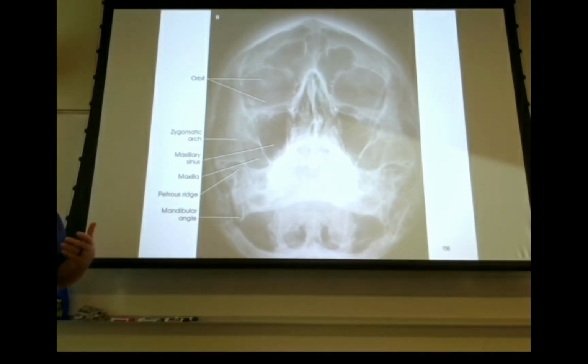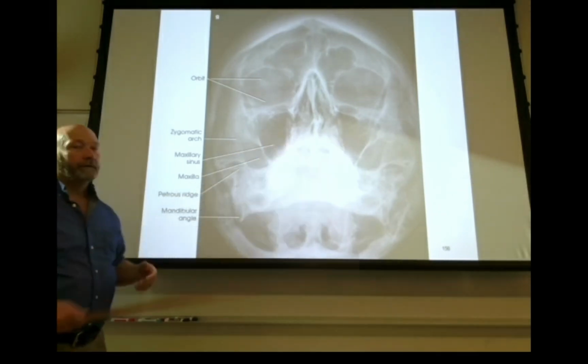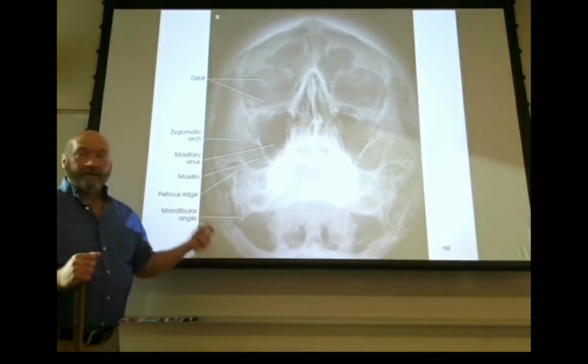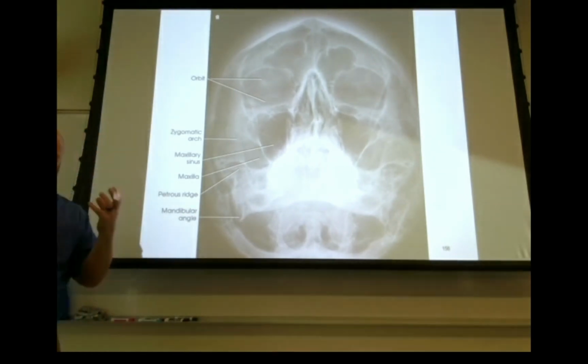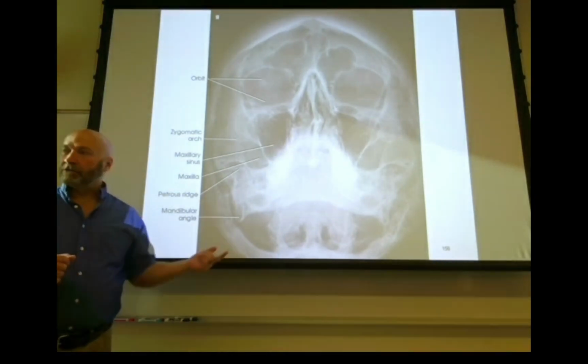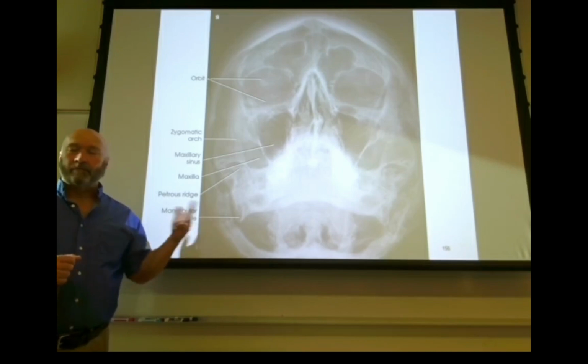What do you suppose is going to happen here? They're going to fill. Whichever one gets hit, it's probably going to fill up. So even if you can't see the fracture, you can see evidence of fracture because the patient's going to have what appears to be a sinus infection. Now, might a person who has a sinus infection also get hit in the eye and have a blowout fracture?